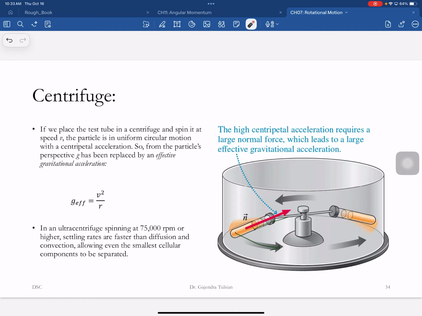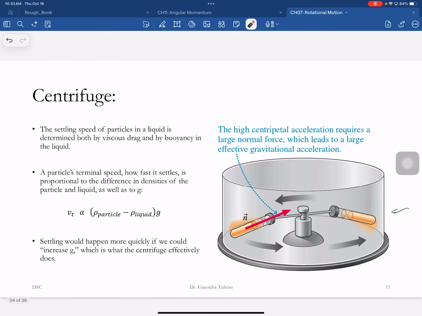The densest particles will settle there, then the next densest, and so on. For the particle in a liquid, it's rho, a Greek letter, the symbol used for density.